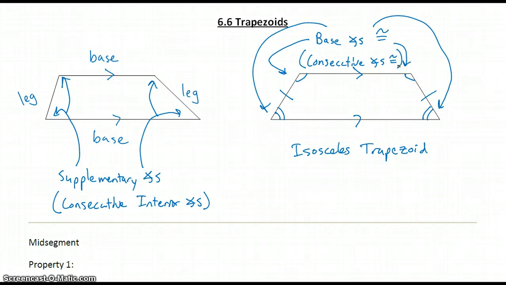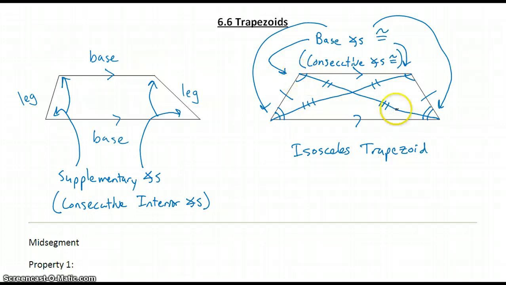If we look at the diagonals of an isosceles trapezoid, from here to here is congruent from here to here, and from here to here is congruent to here to here.